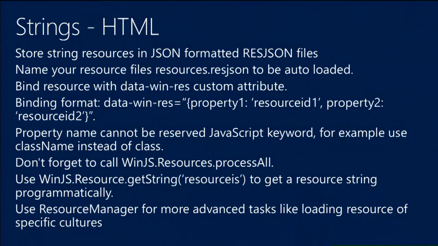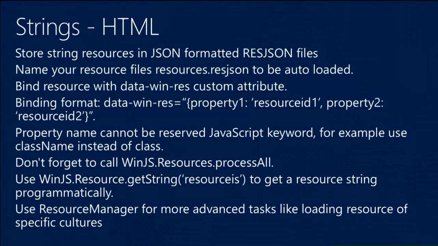And it just needs to be named resources.res.json so that the platform can automatically pick it up. You can have your custom resource files. You can name it errors or whatever, but you will be responsible for loading the resources and binding them to the UI. If you need automatic loading, you have to use the naming convention resources.res.json.